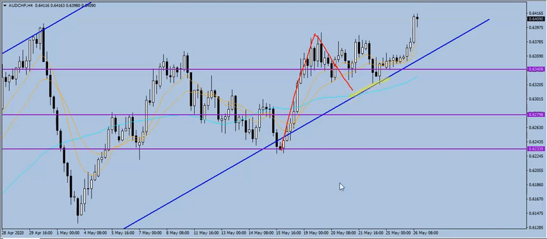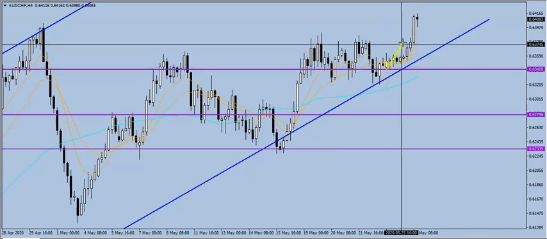So in this case, you can see that the pullback came as far as this support, and also came to this channel support area as well, and this is where we would have taken a trade to the upside.